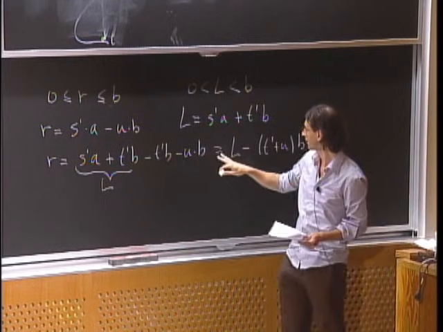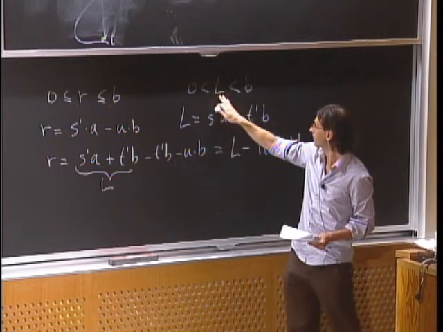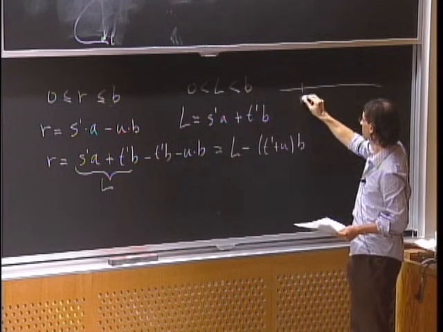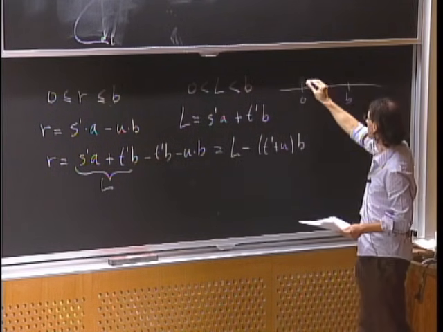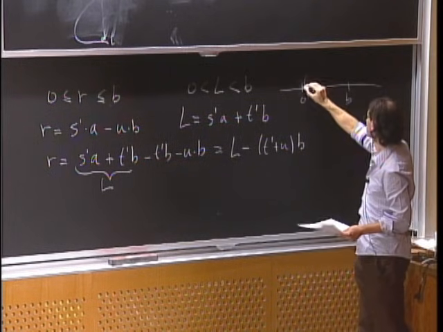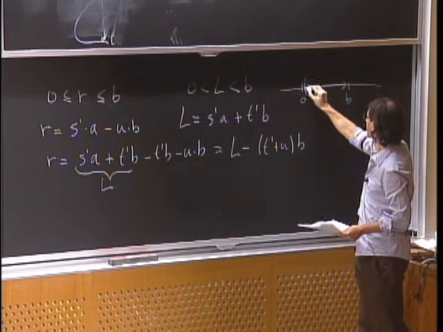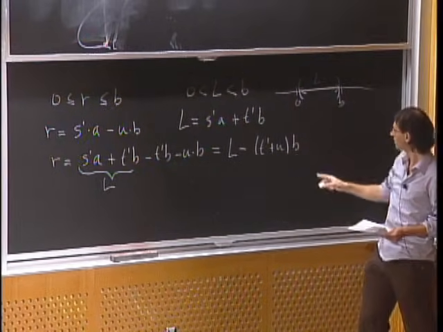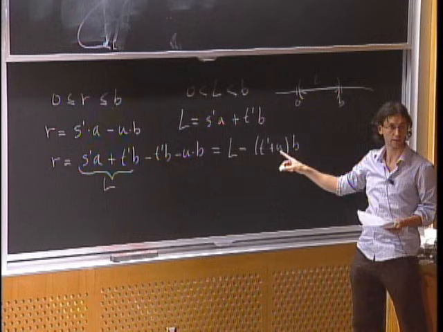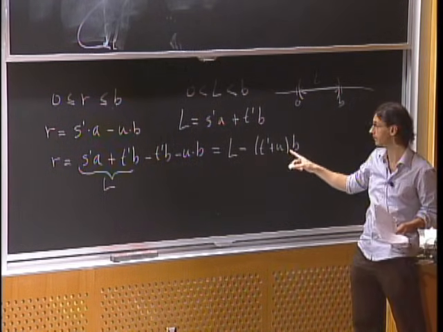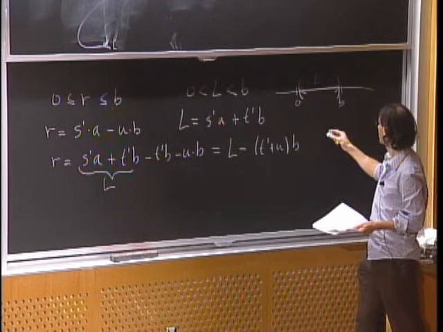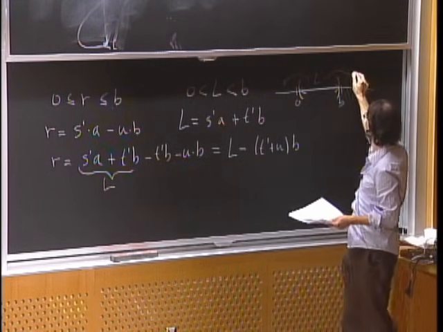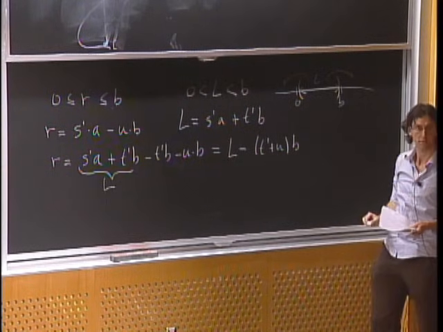So let's have a look here. We have L. It's in this range. So let's just draw an axis. So we have 0, we have B, and somehow in this range we have L. Now if I subtract actually B or something more than B, or I add more than B, I will jump out of this range and I go somewhere over here, or I go somewhere over there, right?